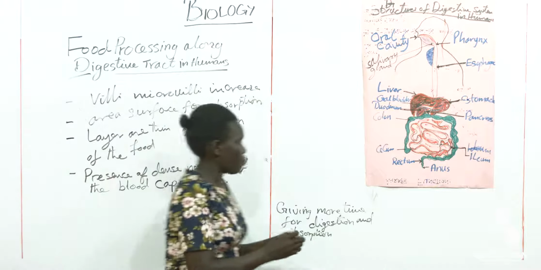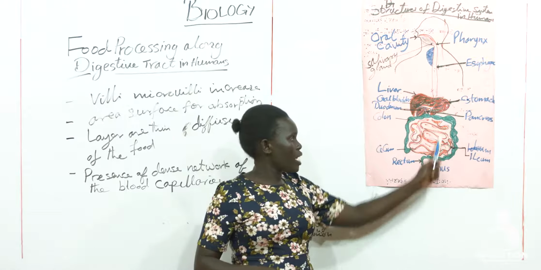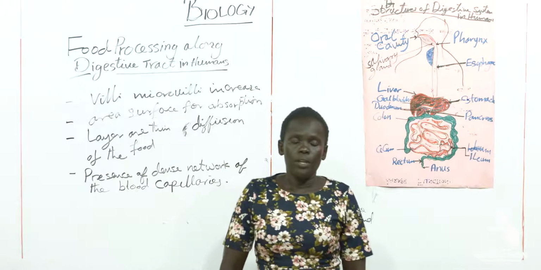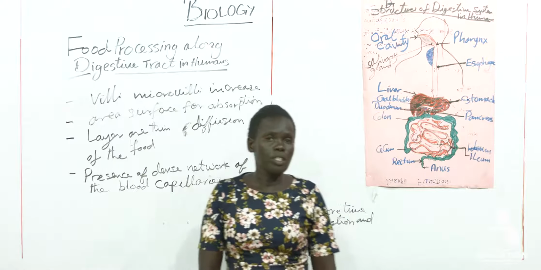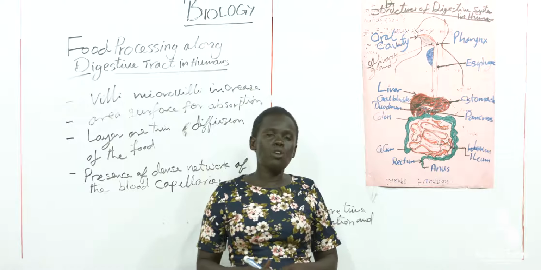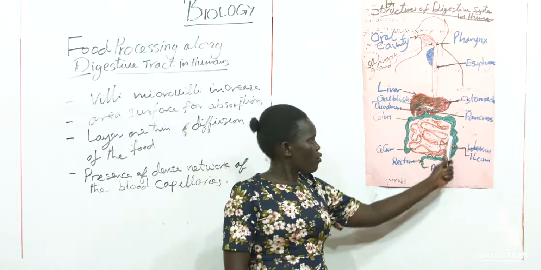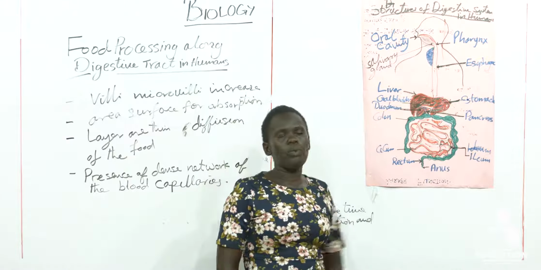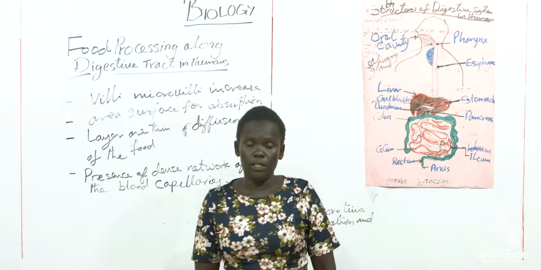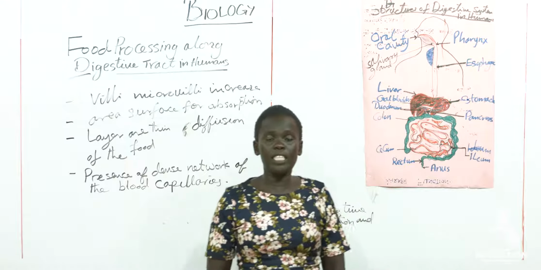Since the small intestine is where most absorption takes place, it adapted itself to carry out the function. So you'll find that it is well equipped with a network of blood capillaries, so that the food diffuses into the blood vessels.